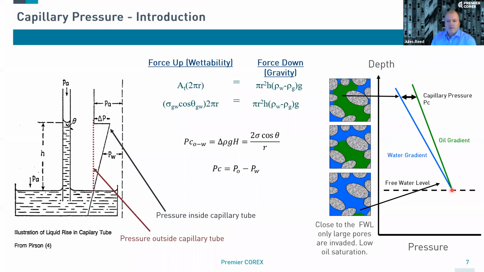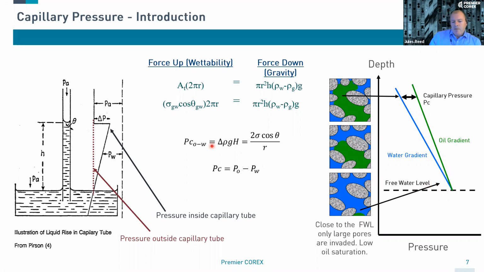where capillary pressure is 0, we get an increase in the fluid gradient because of the density difference in the fluids. At the top of the reservoir, we have the highest pressure difference. So the pressure in the oil can push into smaller and smaller capillaries high up in the reservoir, and low down in the reservoir, closer to the free water level, it will only access the larger pores of our system.